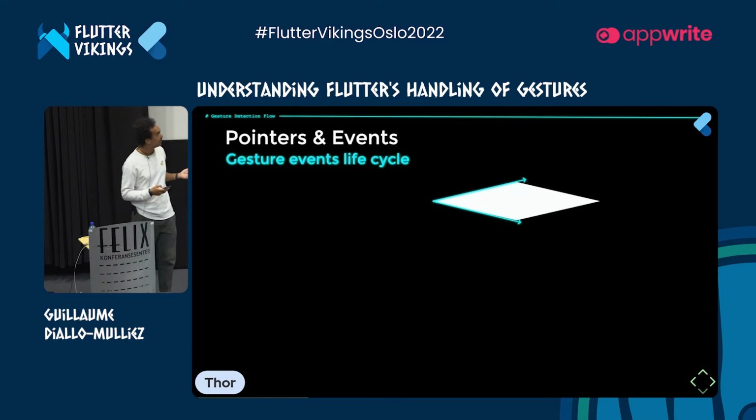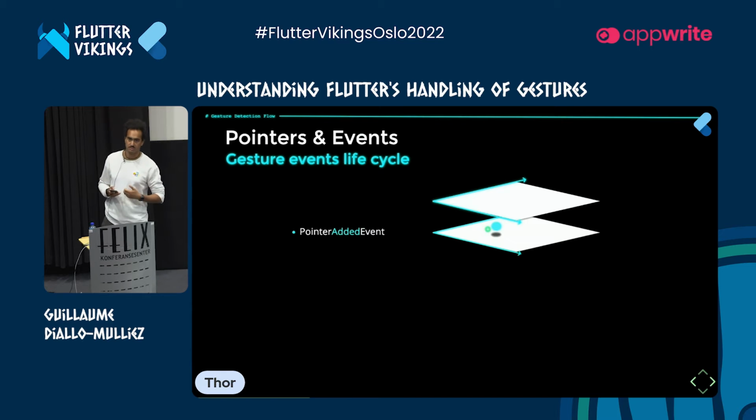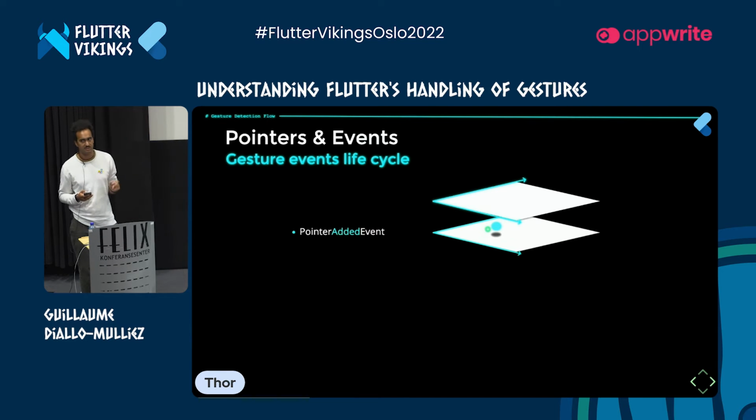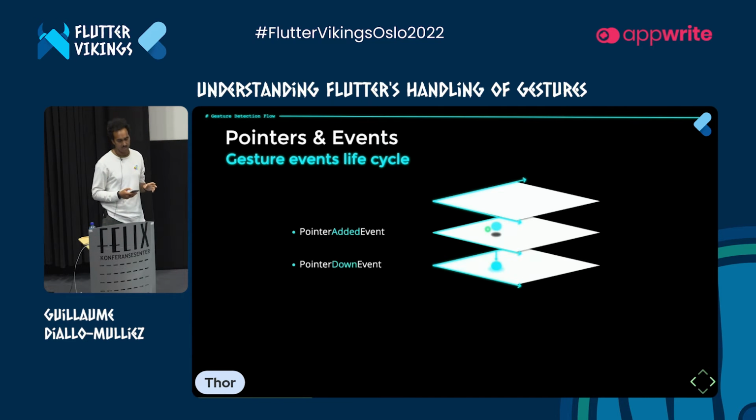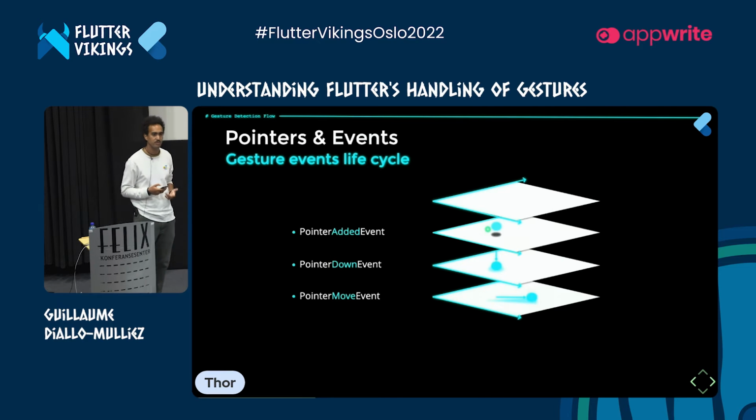So how does this work? You have, first of all, a pointer added event. The first event just creates the pointer and says, OK, is there something happening on your screen? Then you have the pointer down event, which tells Flutter that the pointer is actually touching the screen. Then you might have a pointer move event or several pointer move events, as long as you drag your finger along the screen.